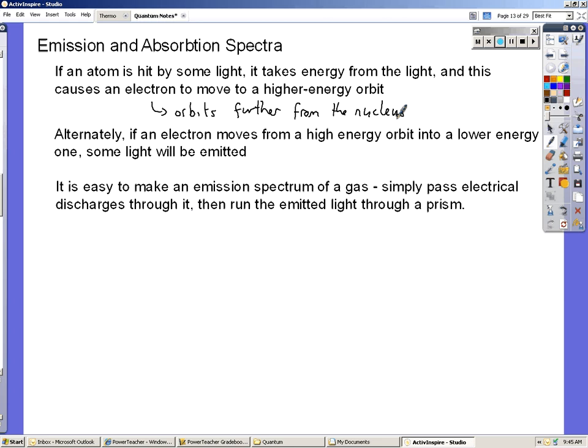And you can make something called an emission spectrum. What you do is you pass an electrical current through a gas, sparks, and what that does is the electricity moves electrons up to higher orbits.